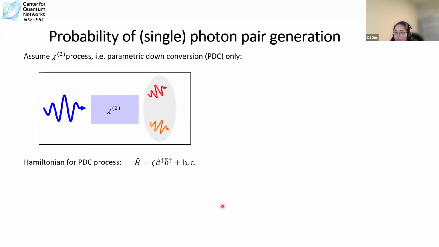If you're interested in why this is happening, you'll have to do EM field quantization in a nonlinear medium, which you can look up in some texts, or, well, the thing to say is it's left as an exercise for the audience. So if we focus in on these 2 modes that we know photons will be emitted into, what is the initial state?